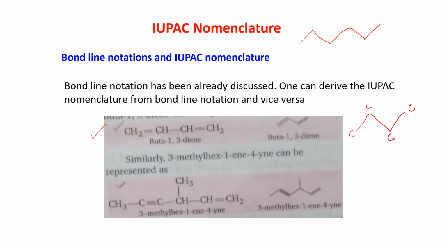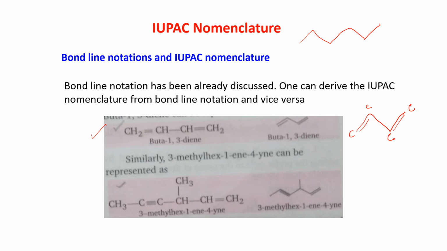Now, at the first and second position there is a double bond, and at the third and fourth position there is a double bond. Okay. Now in this you have to see whether the valence of the carbon is satisfied or not.